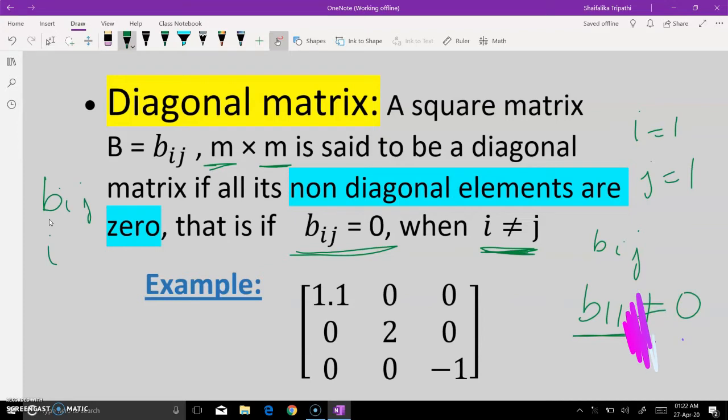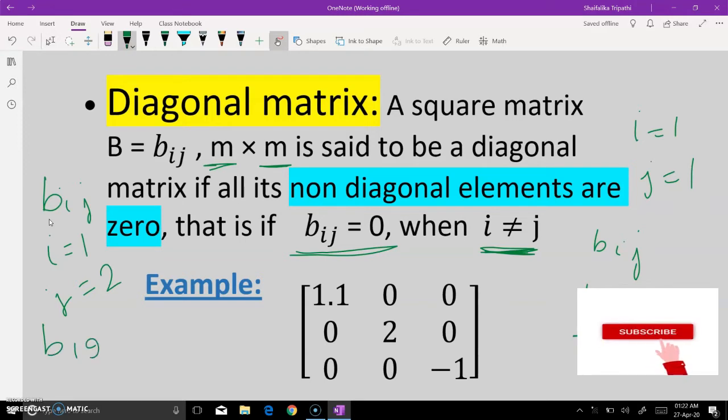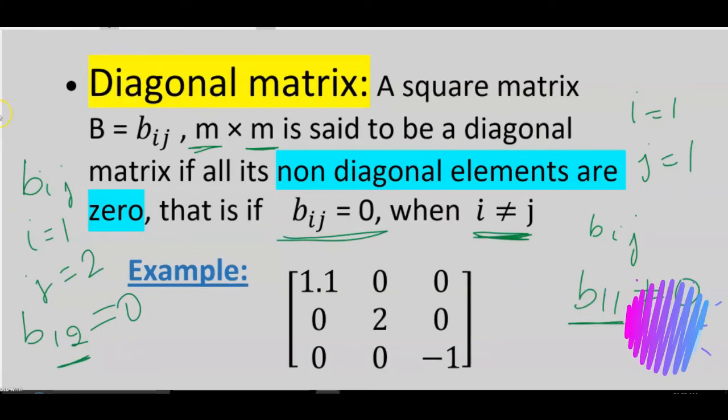If we are talking about B_ij where i is equal to 1 and j is equal to 2, this is B12. Now you can see that i and j are different, so that should be equal to 0. It means, if we are talking about the matrix, here I have taken one example. This is the first entry, the first row, first column, that is B11, right?